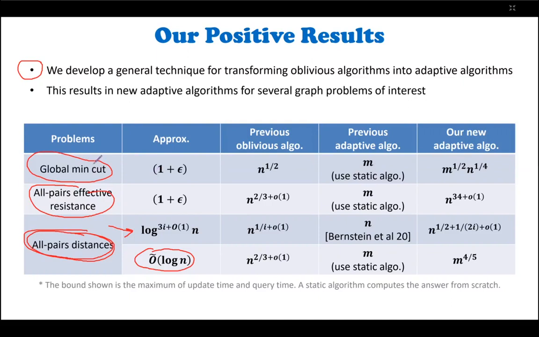And for all of these three or four problems, we get significant improvements compared to what was previously known. These are our new results where, like we said, n is the number of vertices and m is the number of edges in the graph.